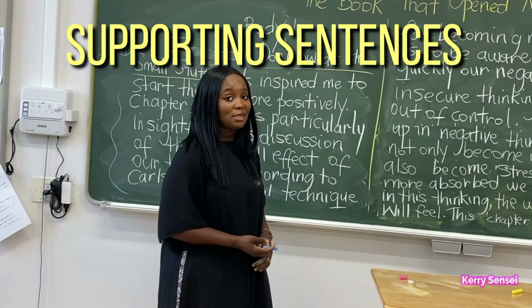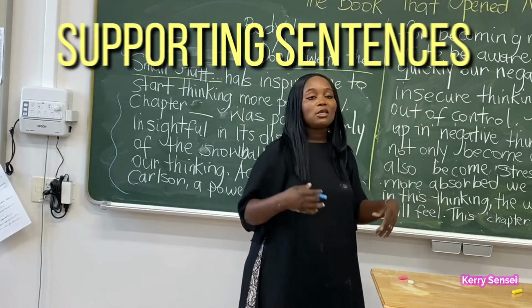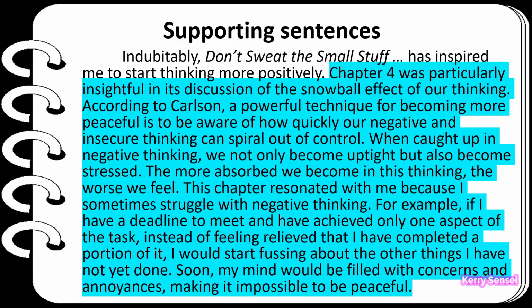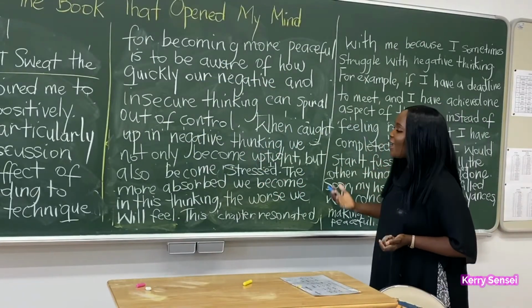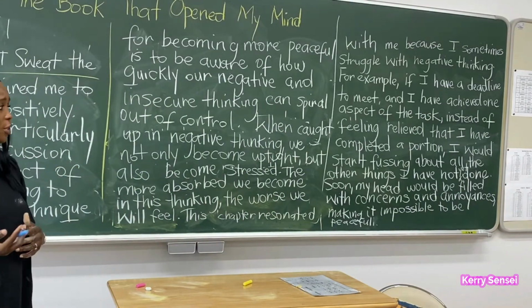Remember, that's my thesis. I then started to show how the book discussed the importance of positive thinking. And after that, I proceeded to connect it to my own personal experiences. The fact that in my own life, I tend to be a negative thinker. It's something I struggle with.